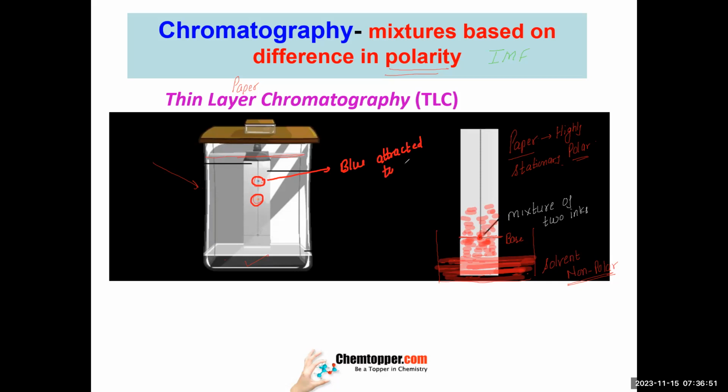Attracted to solvent means it has more non-polar character. This blue one is non-polar, more soluble in solvent, more attracted to the solvent. So it starts going up faster. And the orange one is less attracted to the solvent, and you can say it's slightly more attracted to the paper as compared to blue.